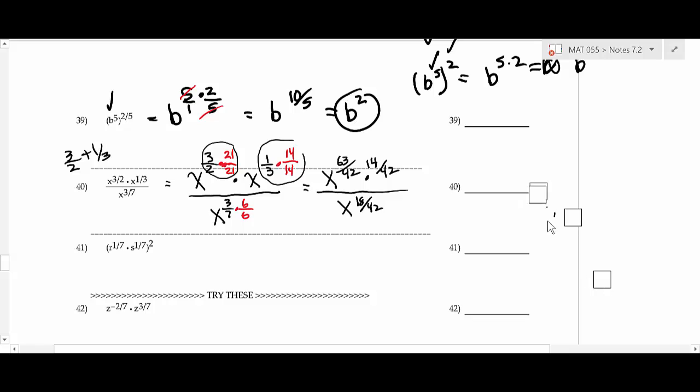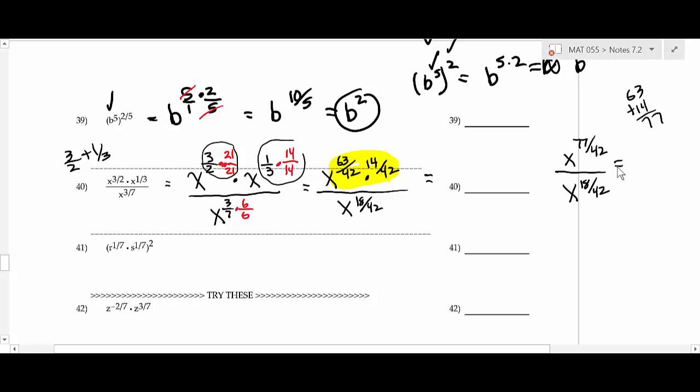Now, to finish this problem up, what do you do with the exponents in the numerator of that fraction, since it's multiplication? You add them, right? So you're going to do 63 plus 14, which I think is 77. So that's going to be 77 over 42, right? The denominator comes down, and that's going to be 18 over 42 like that.